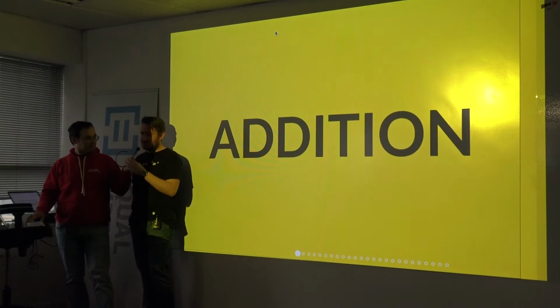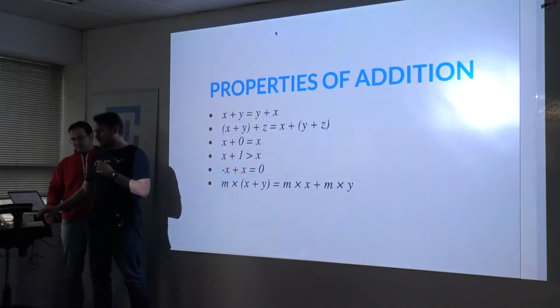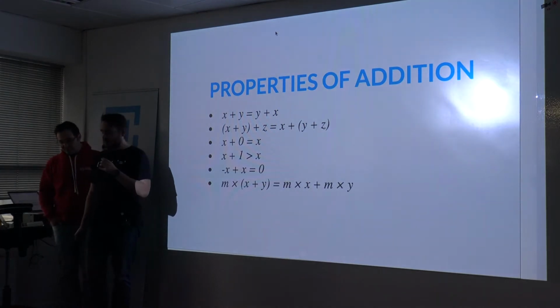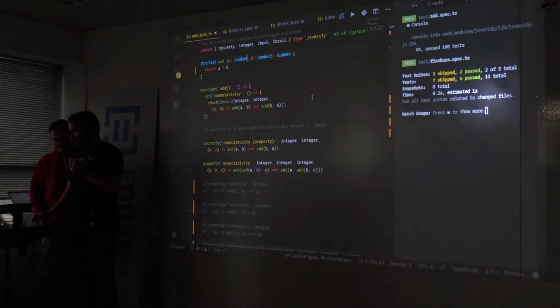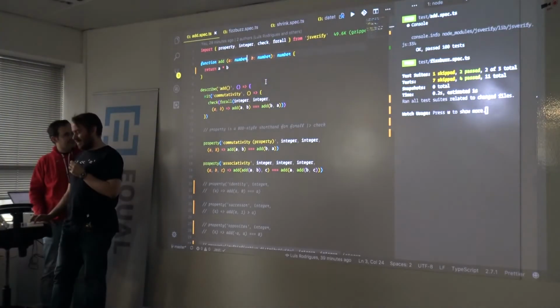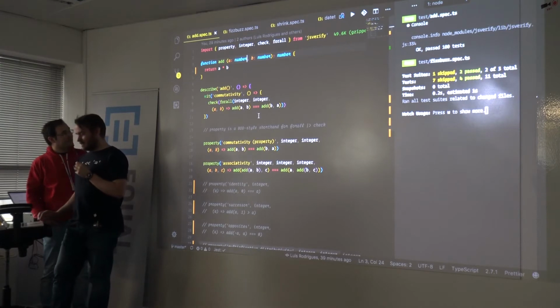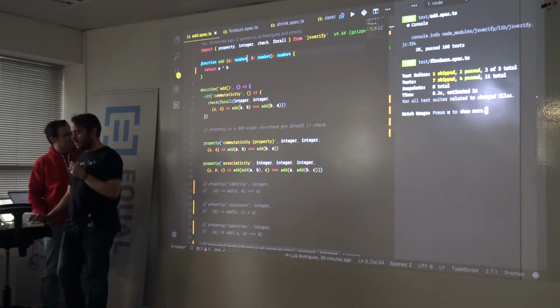So let's look at a simple example of addition. You've probably remembered this from your math classes, and if you don't, no shame on you. So how do you convert this to code? We have an add function, and I've commented out the rest, but I've added a couple of tests.